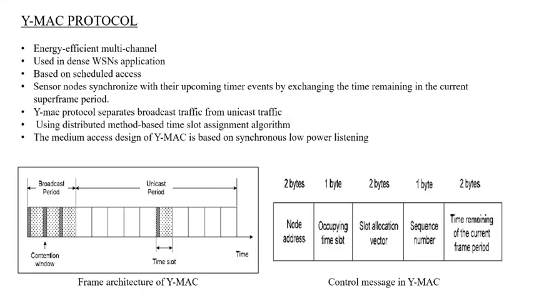This protocol uses a distributed method based time slot assignment algorithm. Every node maintains a slot allocation vector for storing occupied time slots within its one-hop neighborhood, including itself. Each bit in the slot allocation vector is set if the time slot at the same position is occupied.